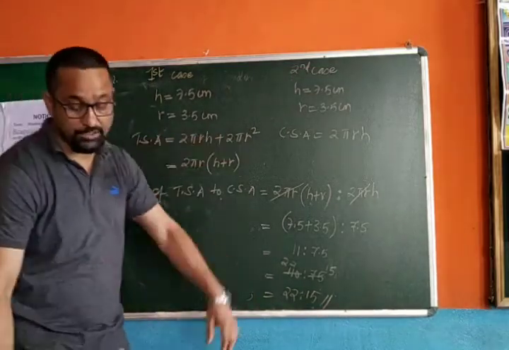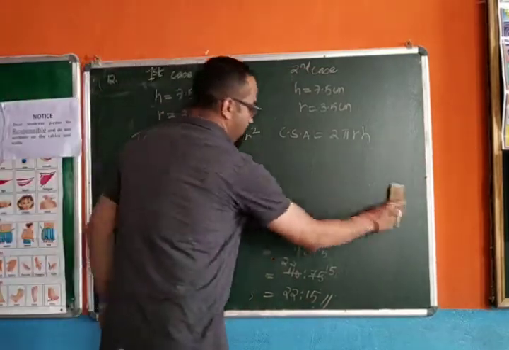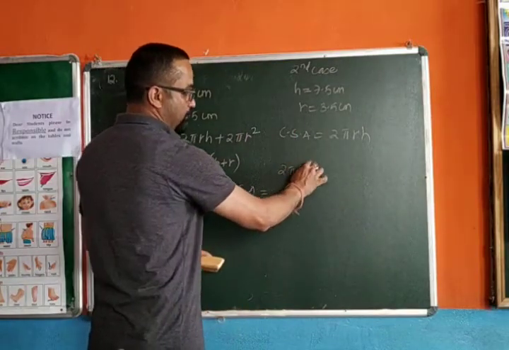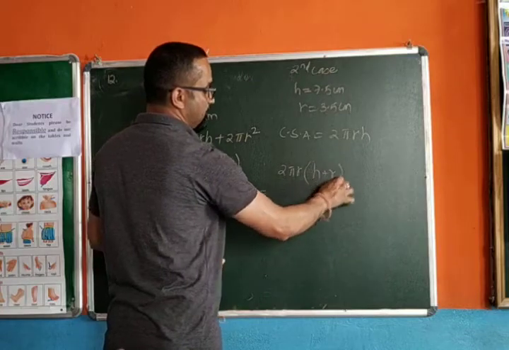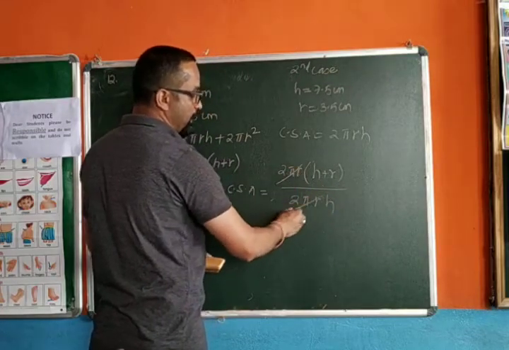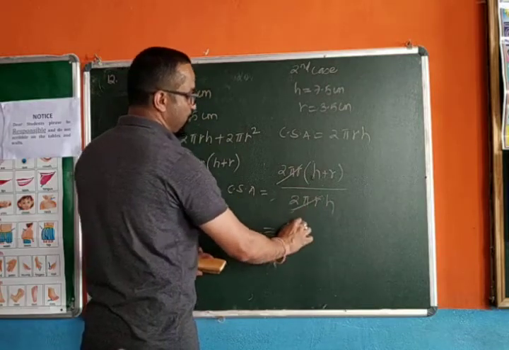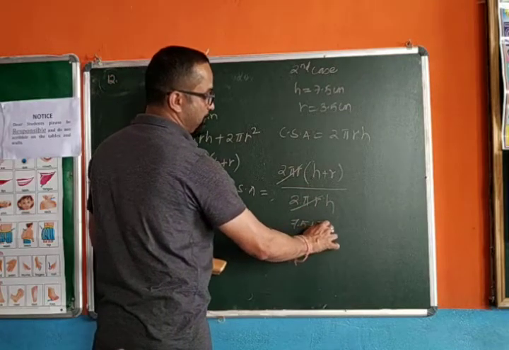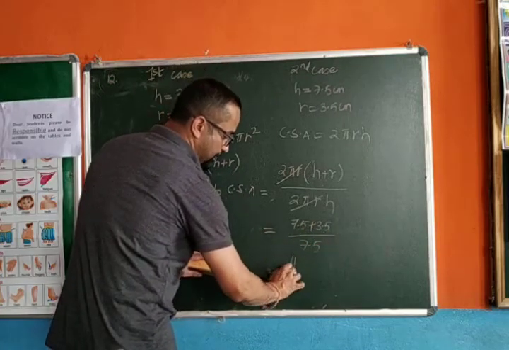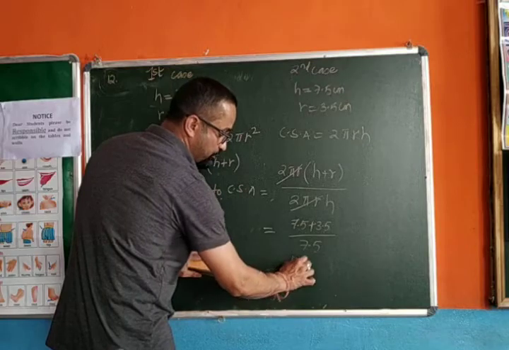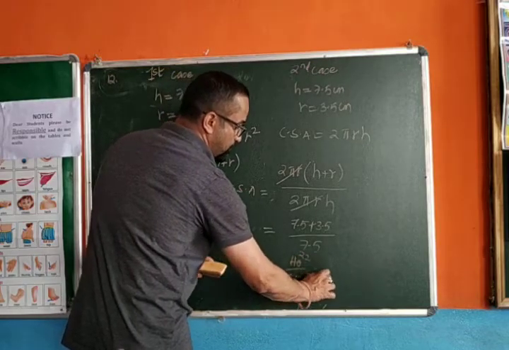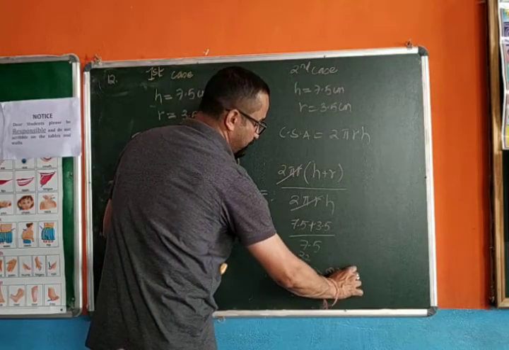Or you could do calculation with fractions like this. 2 pi r, h plus r over 2 pi rh, 2 pi r cancels. Then you substitute 7.5 plus 3.5 over 7.5. 11 divided by 7.5, remove decimal, then cancel it, which is equal to 22 is to 15.